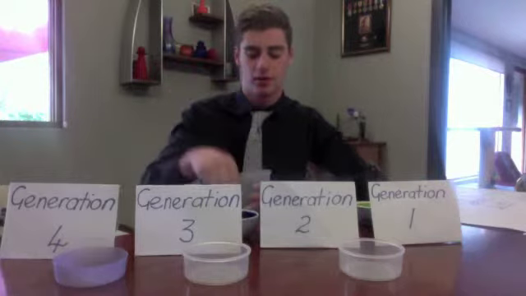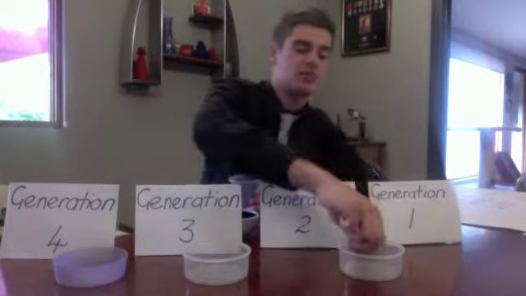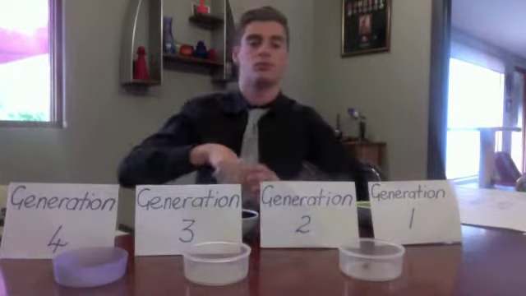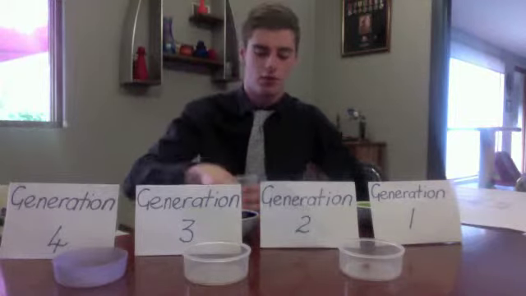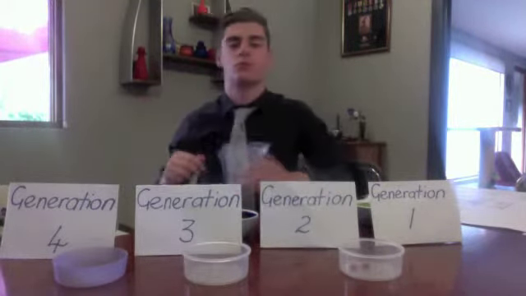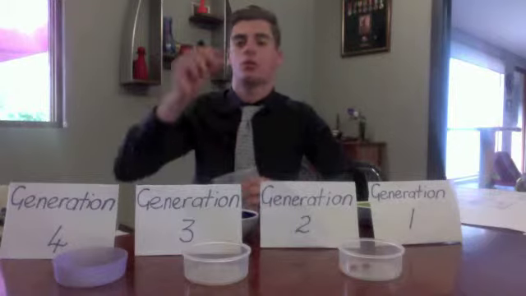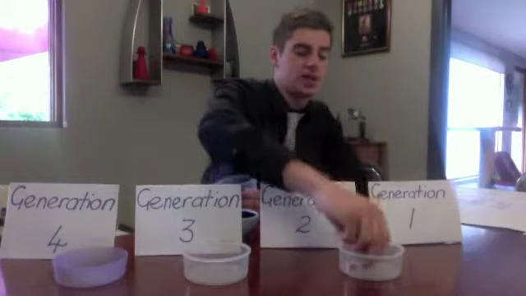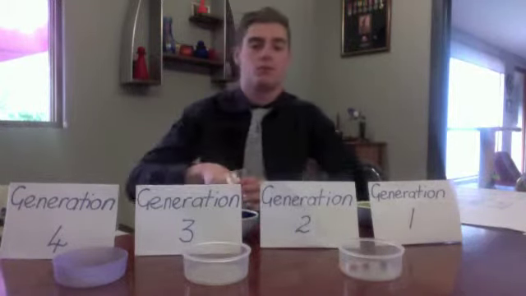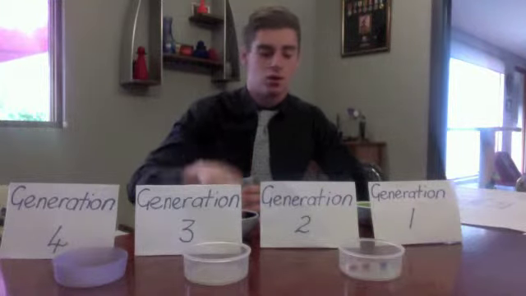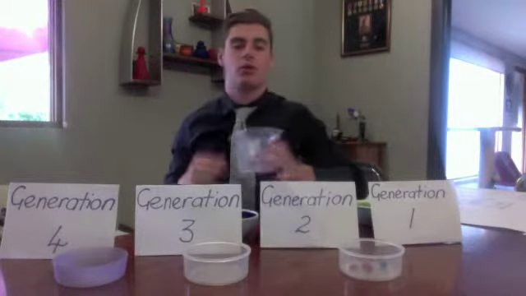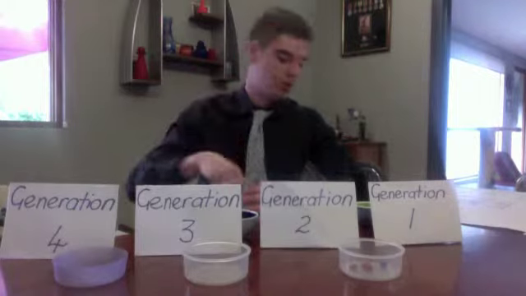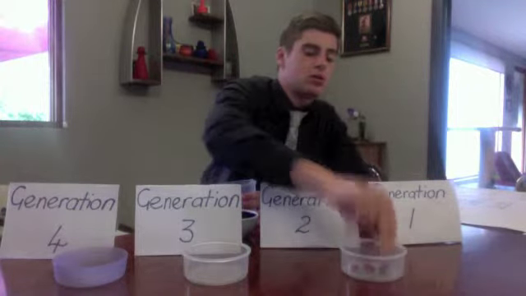So first off, we've picked a red M&M representing a red allele. Red one again. A blue representing blue eye colour. The third red. 2 blue.